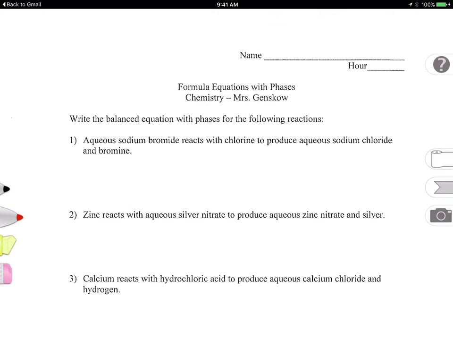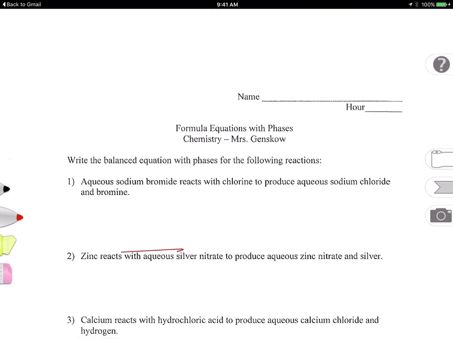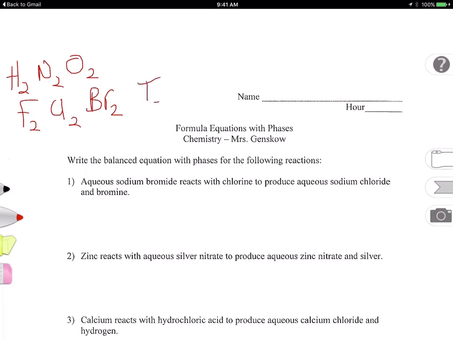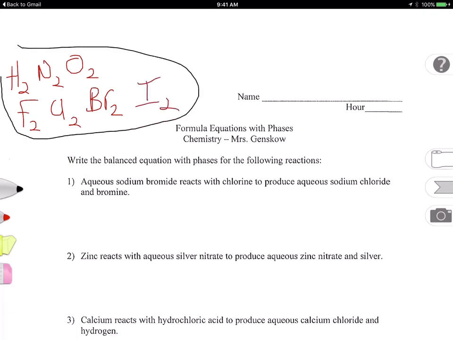Okay, so before we get to this, I want to write down these diatomics again for you: hydrogen, nitrogen, oxygen, fluorine, chlorine, bromine, and iodine, okay? And the other thing I want to mention, these 7 are in the gas phase.